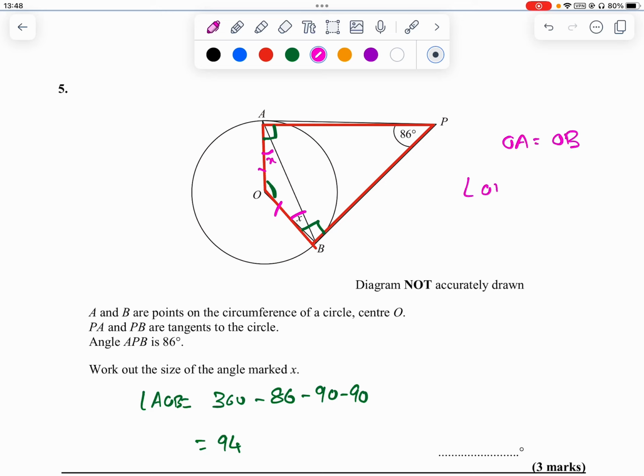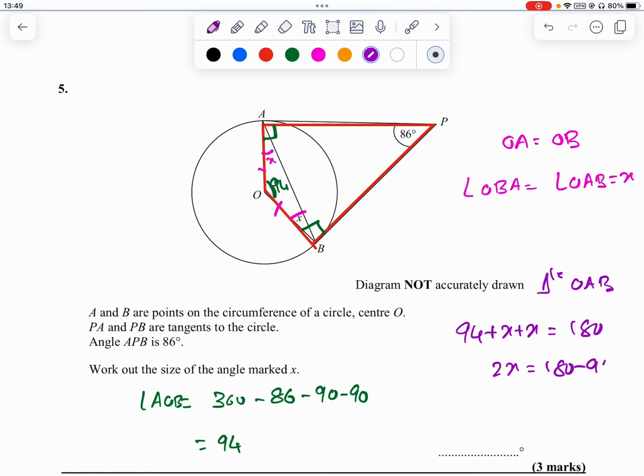So angle OBA equals angle OAB equals x. And just now we got the angle at O is 94. So sum of all angles in a triangle is 180 degrees. So 94 plus 2x equals 180, in triangle OAB. So 2x equals 180 minus 94. 2x equals 86. x equals 43.